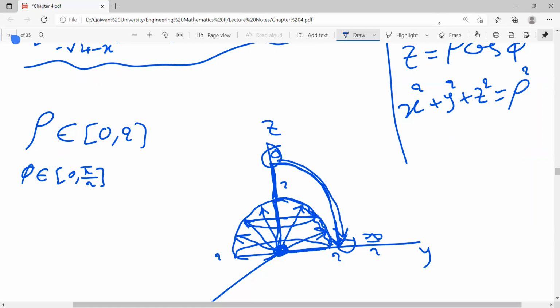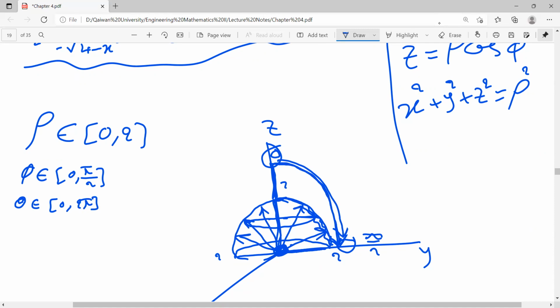And x, as you see, goes from here and returns to the same place. It's a circle. That means theta starts from 0 to 2 pi. So theta belongs to 0 to 2 pi.